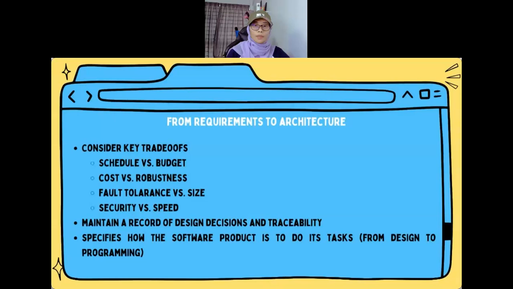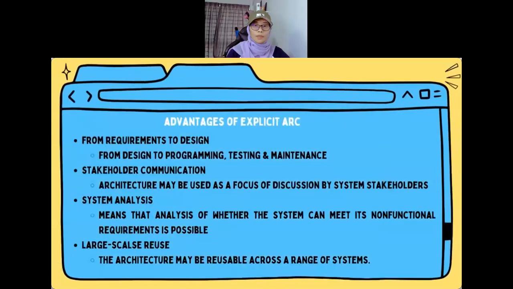Maintain a record of design, decisions, and traceability. Specify how the software product is to do its task, from design to programming. Advantages of explicit architecture: from requirement to design, from design to programming, testing, and maintenance.